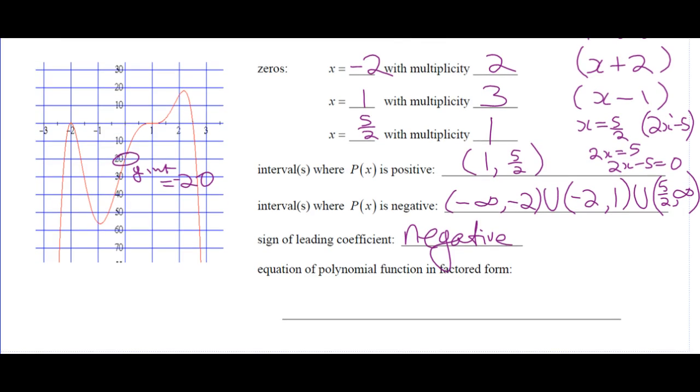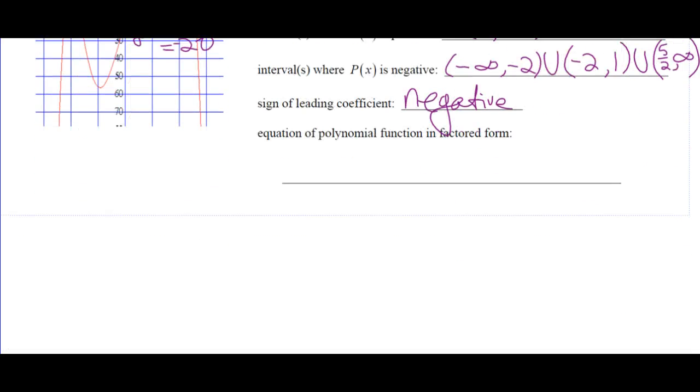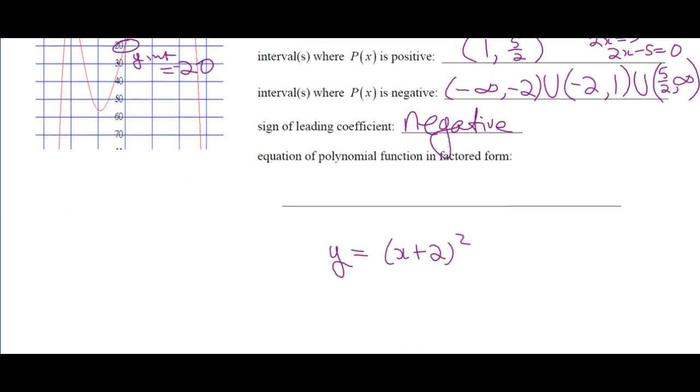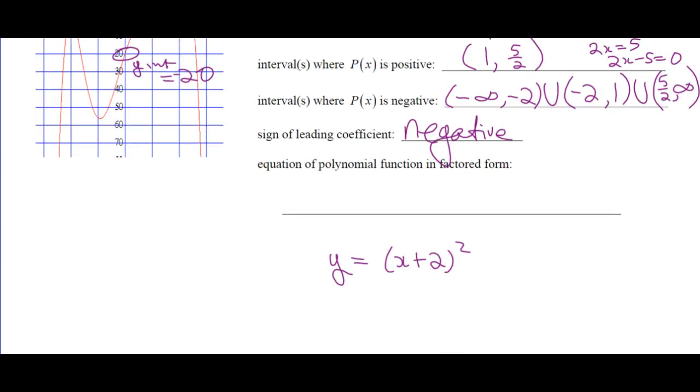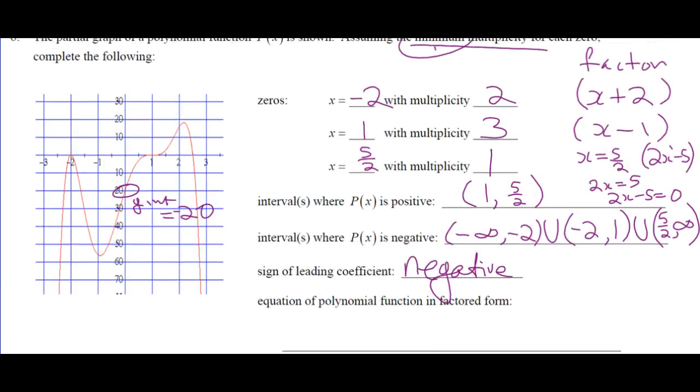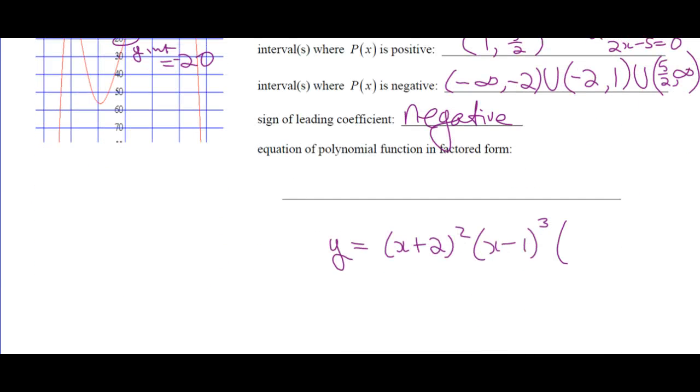I know what my factors are. I wrote them, right? So we've got what? X plus 2. So let's write this. We got y equals, we got x plus 2 squared. We've got x minus 1 cubed. We've got 2x minus 5 to the 1.